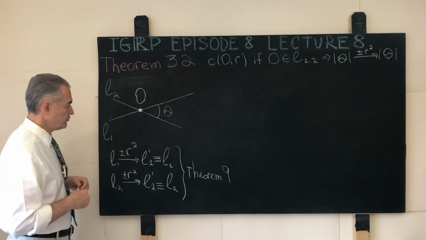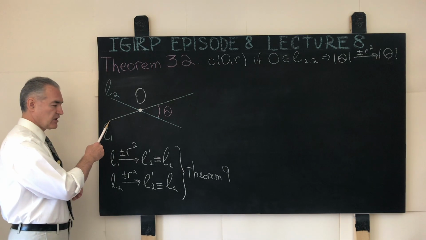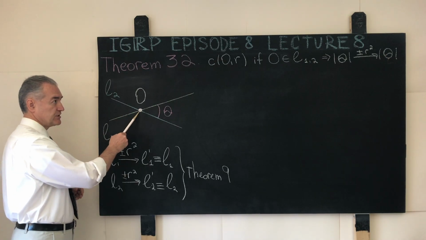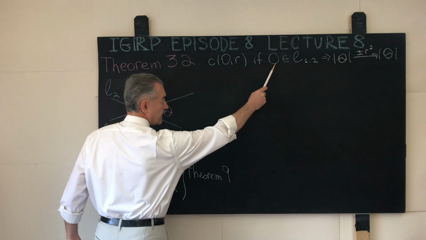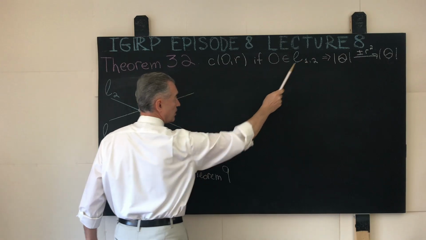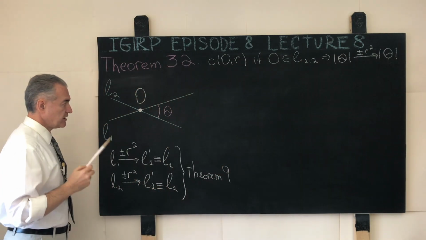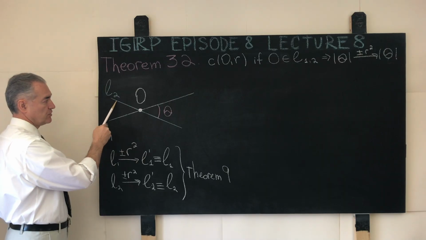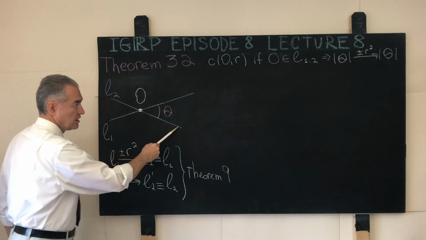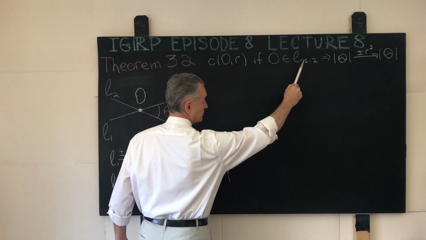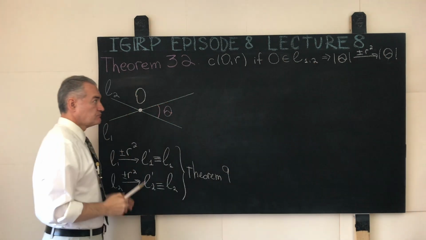Here the objects of interest will be, let's say, a straight line L1 shown in green that passes through the center of inversion. The center of inversion O belongs to the straight line L1, and the second object of interest will be straight line L2 shown over here in blue, and the center of inversion belongs to the straight line L2.